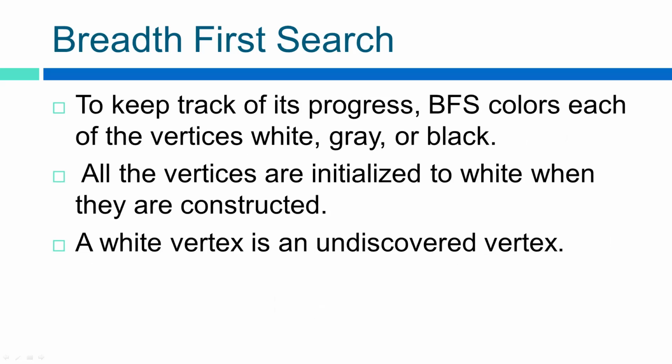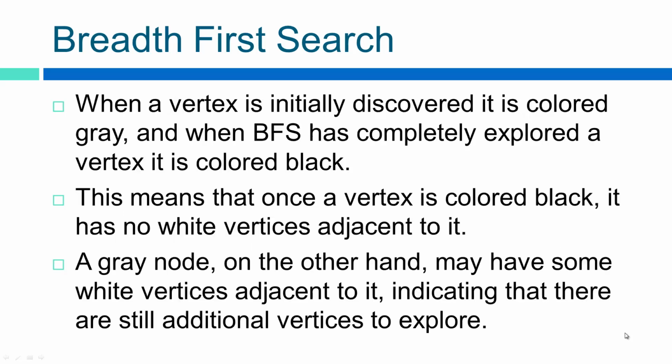As we go along and explain the BFS algorithm and the example code, we're going to keep track of its progress through coloring. BFS is going to color all the vertices white, gray, or black. All the vertices are initialized to white when they are constructed. A white vertex is an undiscovered vertex. So as we go through the graph, if it's white, it means we haven't discovered it yet.